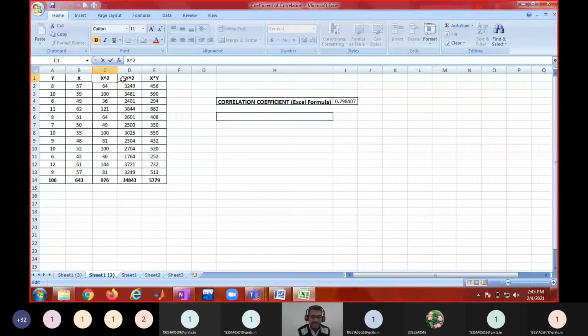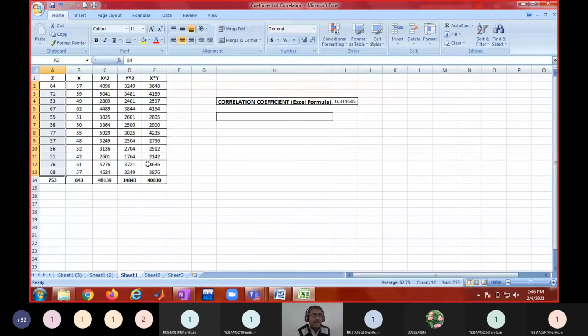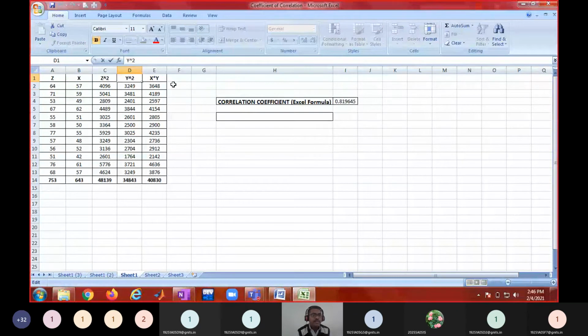This is going to be y square. This is going to be x square. This is going to be y and x. So this corresponds to z square, this corresponds to x square, and this corresponds to z into x.